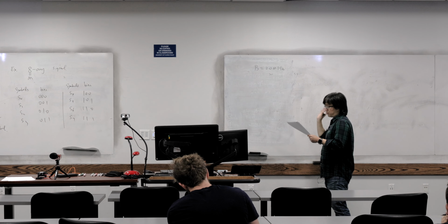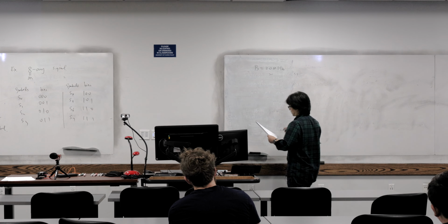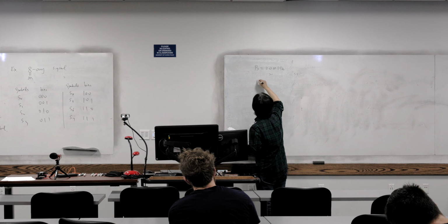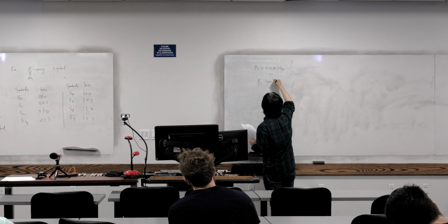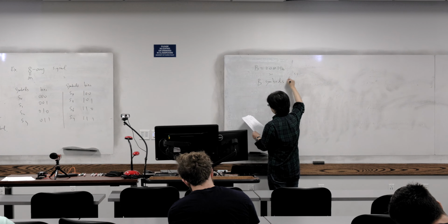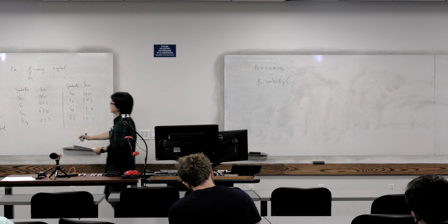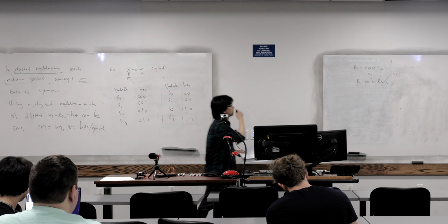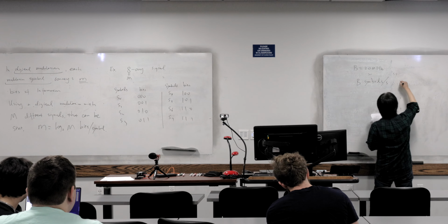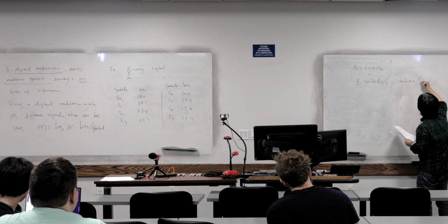Let's see how we can compute the number of bits per second. Let's assume it's a DSP signal, so we have B symbols per second. For one symbol, we can transmit m bits, so we multiply by m bits per symbol.